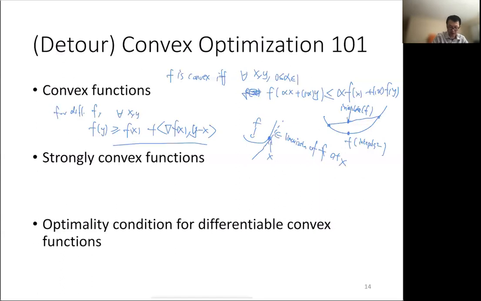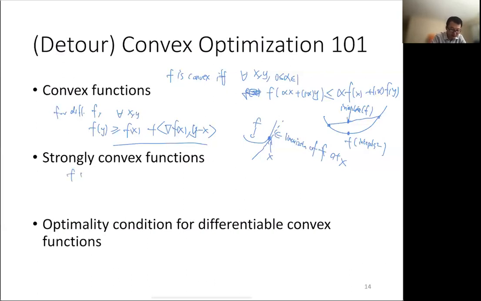Right. This is linearization. Sometimes the function being just convex is not enough, and we want to quantify the extent to which this function is convex, which brings us to the family of strongly convex functions.